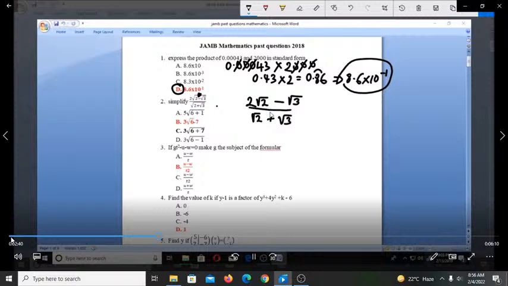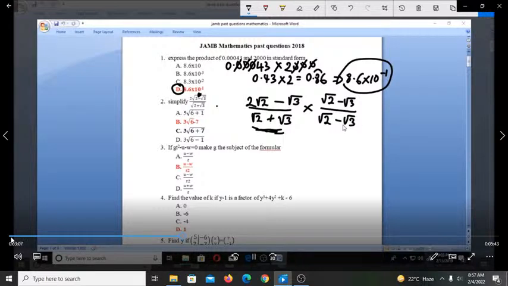Now if you want to simplify any expression like this, you must multiply the up and the down by the conjugate of the denominator. So what is the conjugate of this denominator? The conjugate is root 2 minus root 3. Once you have root 2 plus root 3, just change the sign. It becomes a conjugate. So you also multiply the down by the same thing, root 2 minus root 3.